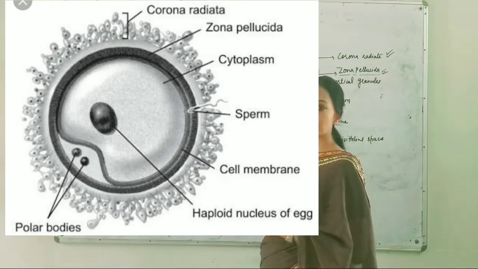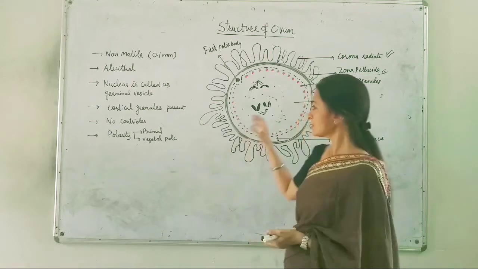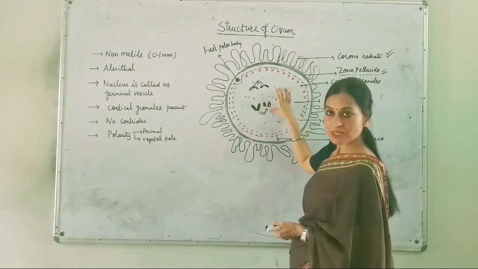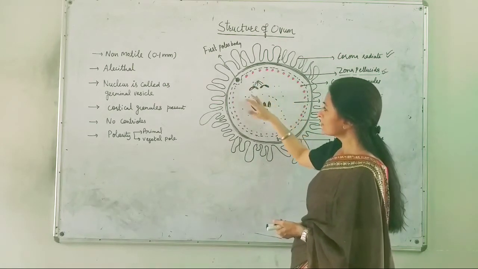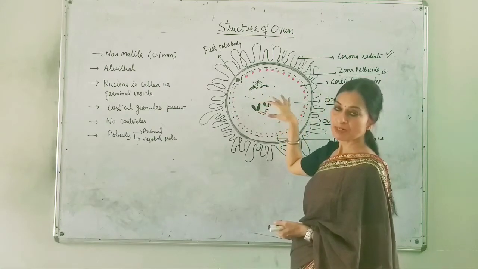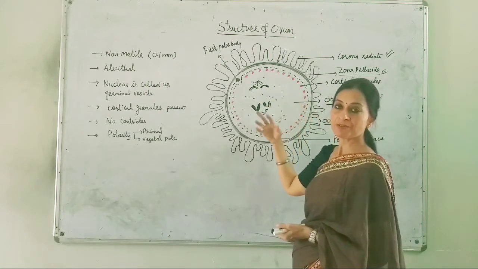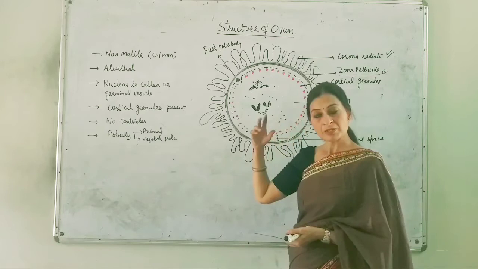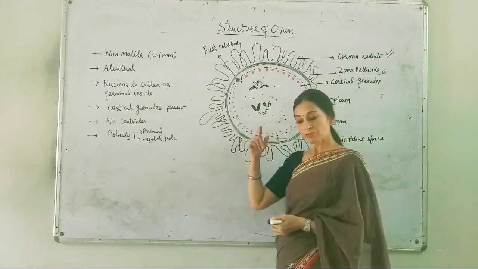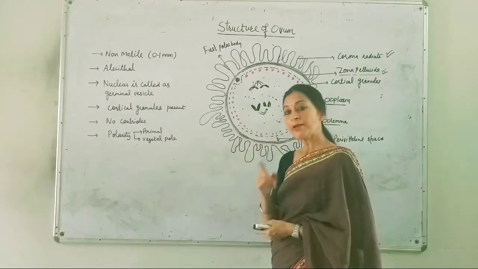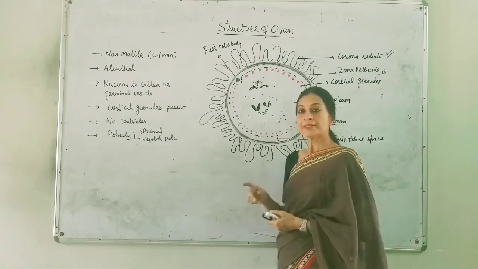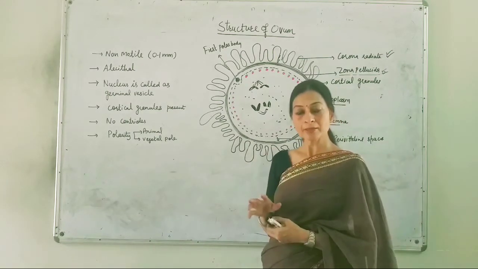It is actually the secondary oocyte which is in the metaphase second stage, and when it will complete its metaphase, it will enter anaphase, and then anaphase will be completed and it will enter into telophase. Then only we will call it the egg.